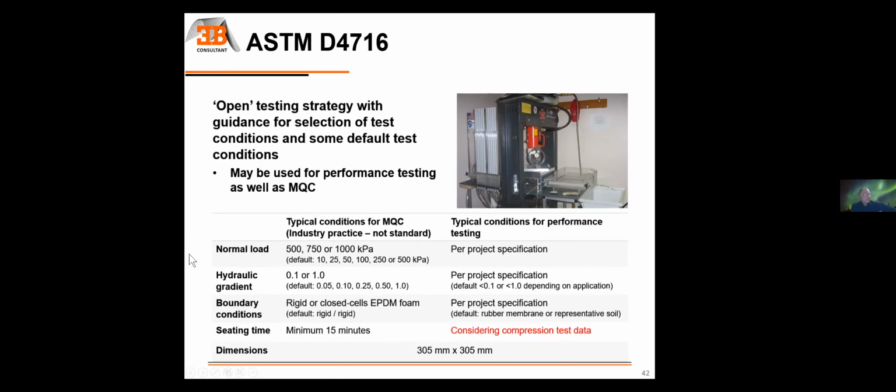ASTM D4716, so we have two, again, I'm differentiating two different approaches. One, which is the MQC. And what we see most often in standard specifications for manufacturers is normal loads which are going to be anywhere between 500 and 1000 kPa.